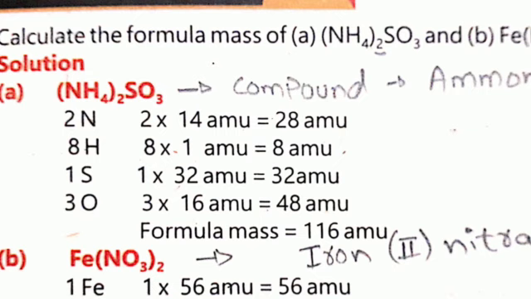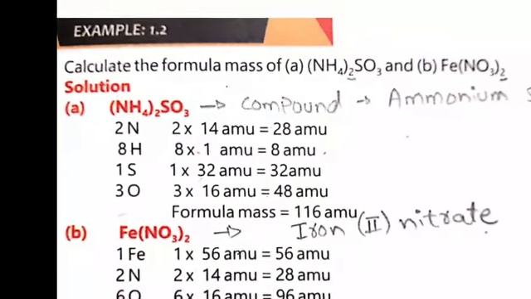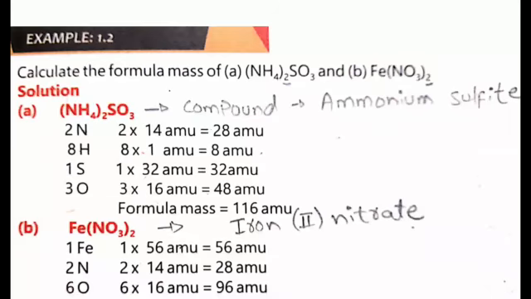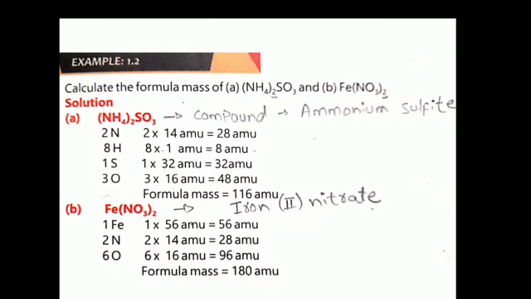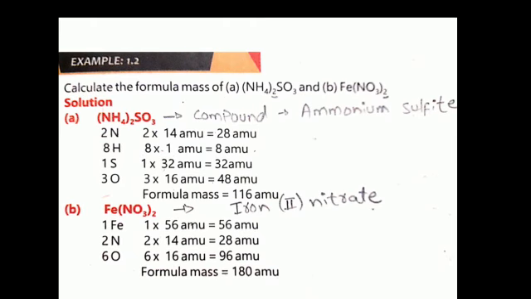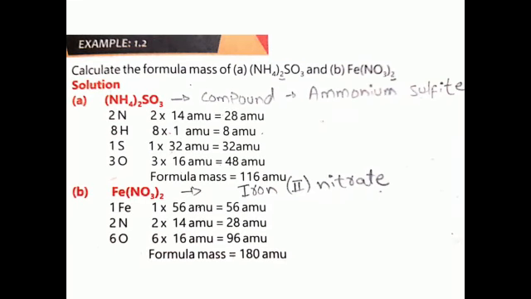Simply adding all these atomic masses of nitrogen, hydrogen, sulfur and oxygen, we get 116 atomic mass unit. Similarly, after doing the mathematics in the second part of example 1.2, we get 180 atomic mass unit, which is the formula mass of iron(II) nitrate.